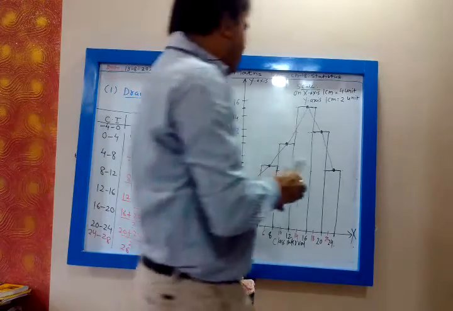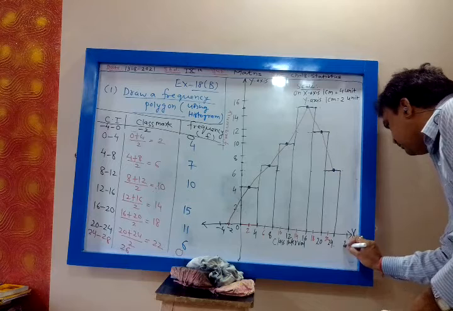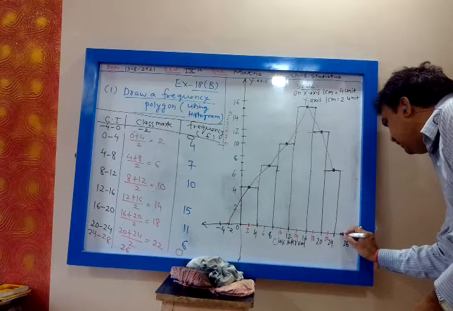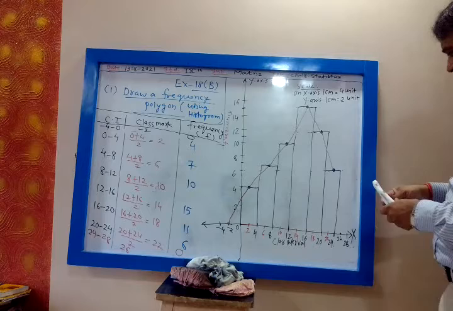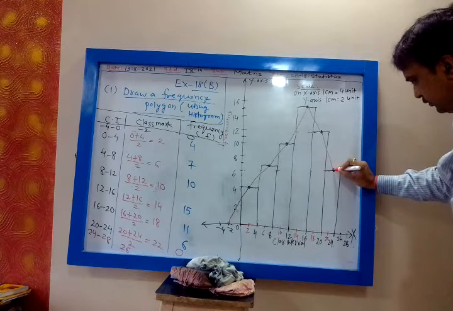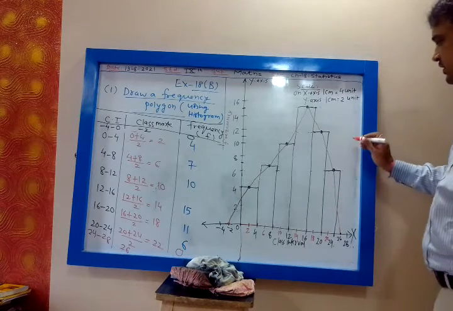So I will take one more class interval, 24 to 28, class mark 26, and join the frequency polygon to 26 because the frequency is 0.